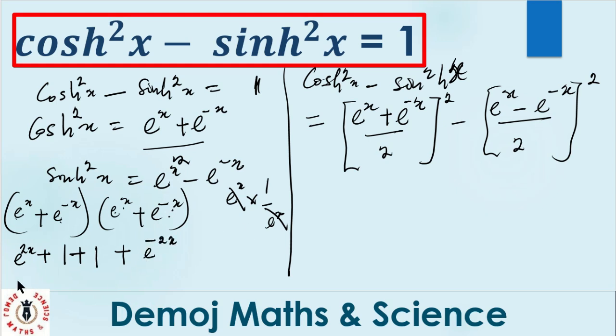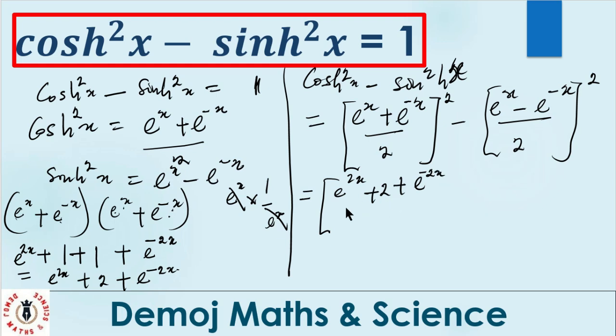So this expression on its own is e raised to power 2x plus 2 plus e raised to power minus 2x. I've only expanded for you to see. So this becomes e raised to power 2x plus 2 plus e raised to power minus 2x, all over 4, because this is 2 squared, it becomes 4.